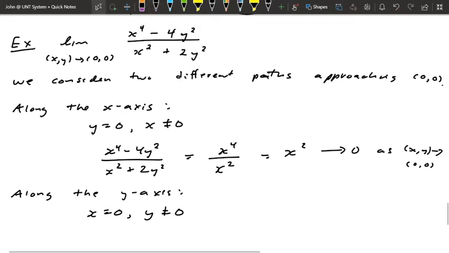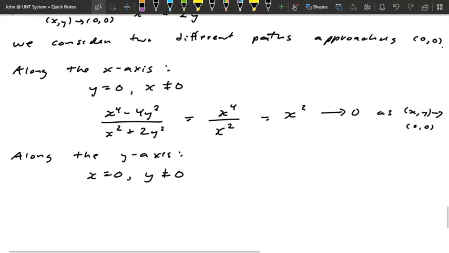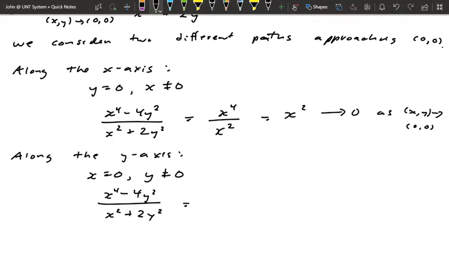Okay, in that case, our function is going to simplify. The x goes to 0, so it disappears. Okay, the y squared cancels, and you're left with minus 2.